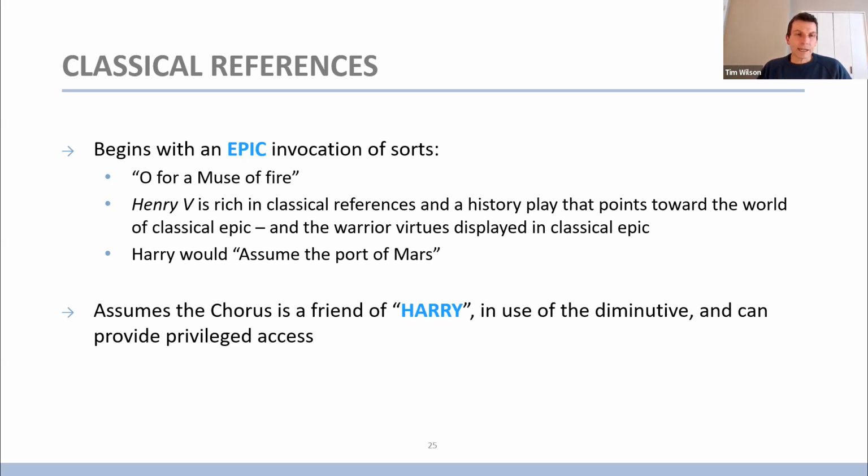He also notes that Harry would assume the port of Mars. So Mars, obviously the Roman version of Ares, the god of war.